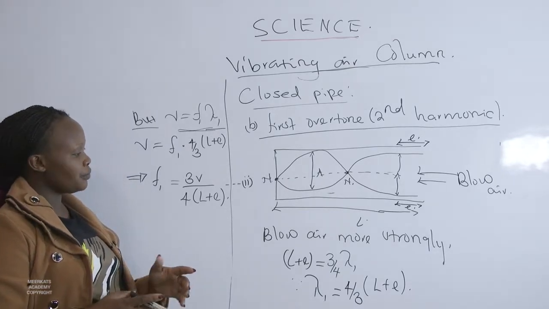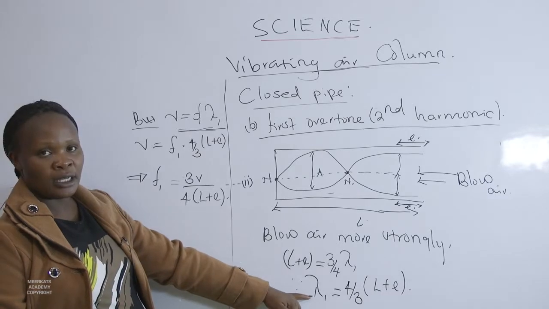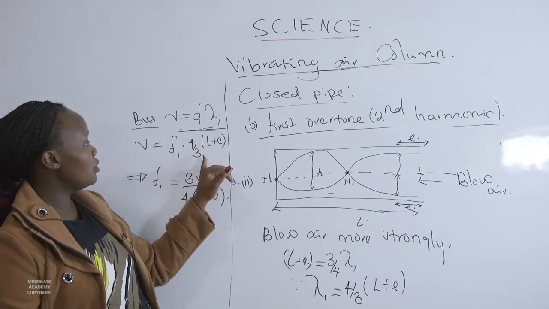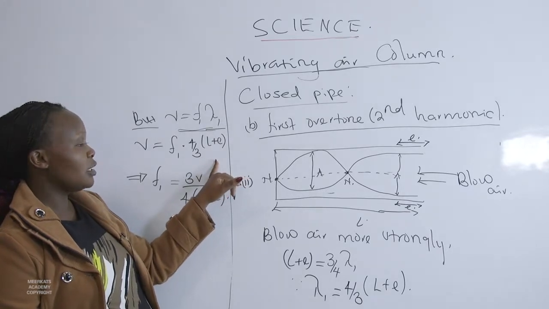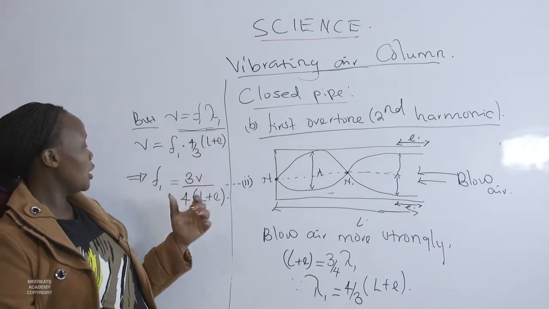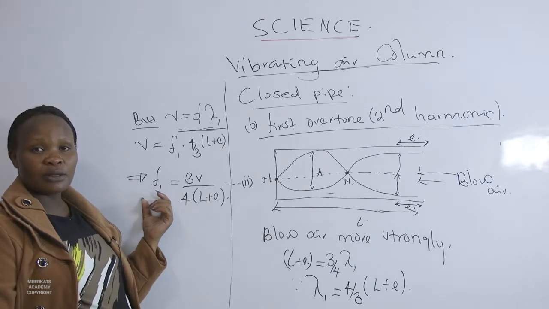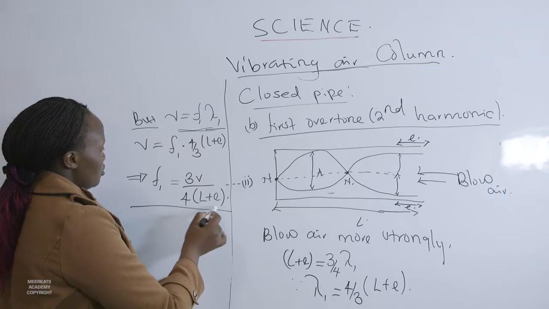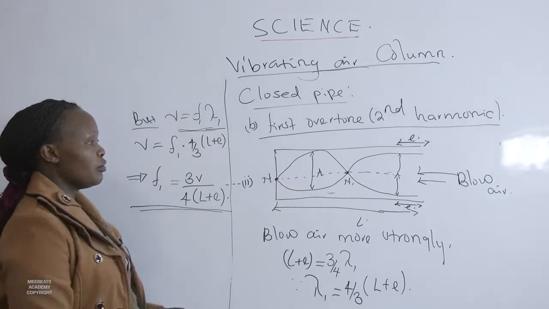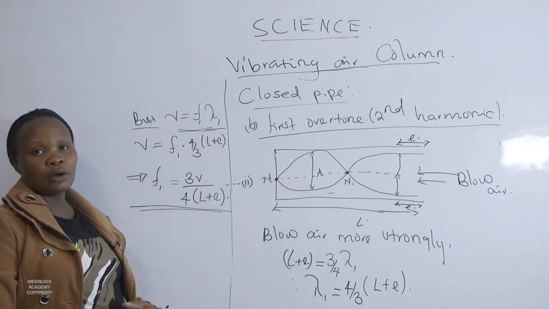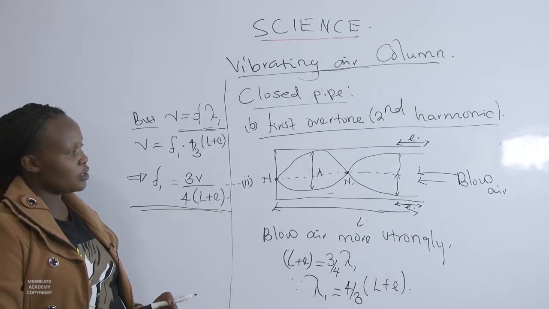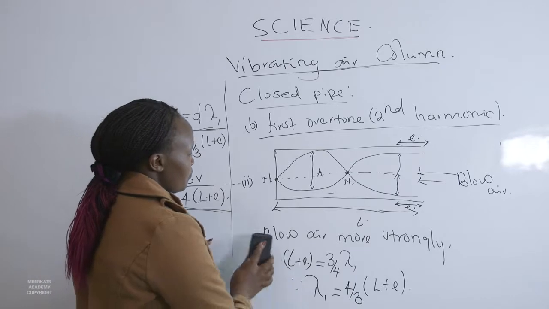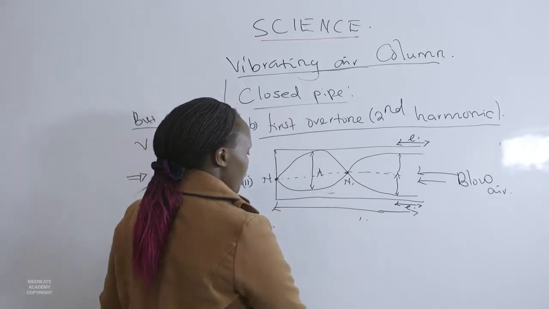And from there, we put in the value of lambda 1 into our equation. Then we made F1 the subject, and there we had an expression for the frequency of the first overtone.